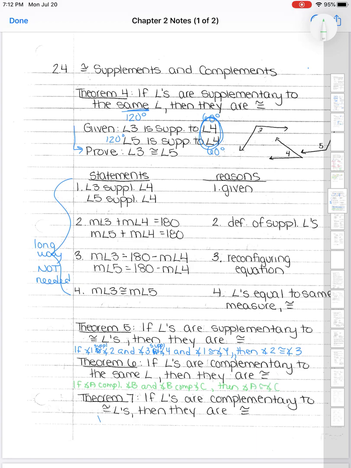So if we were to say if angle A is complementary to angle B, and angle B is complementary to angle C, then we say, okay, well, what conclusion can we draw?